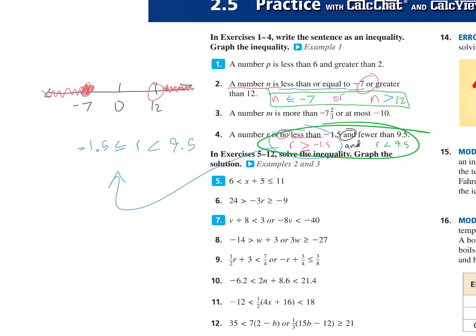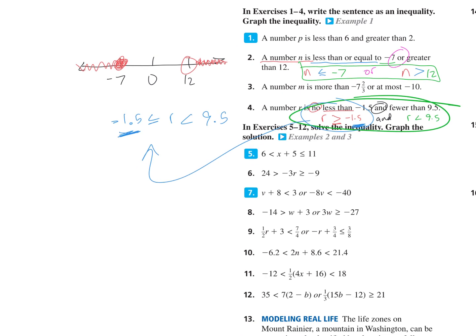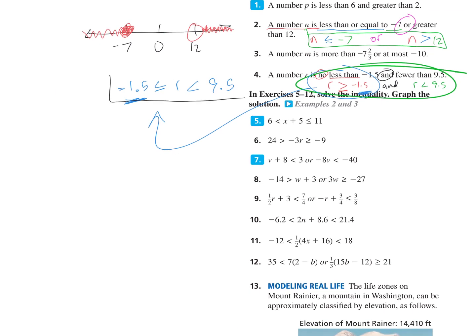It got flipped around when we rewrote it because -1.5 was on our right here, and now -1.5 is on our left here. Okay, so now we are going to graph this. Here's our number line, 0, -1.5, and 9.5. We have a closed dot here, an open dot here, and we're going to shade in between.